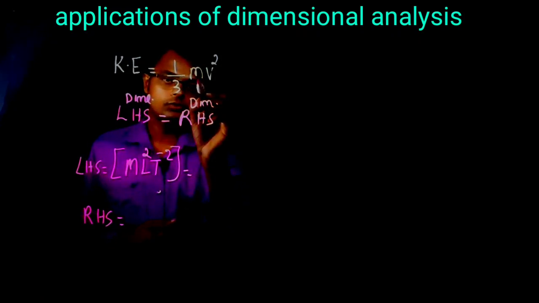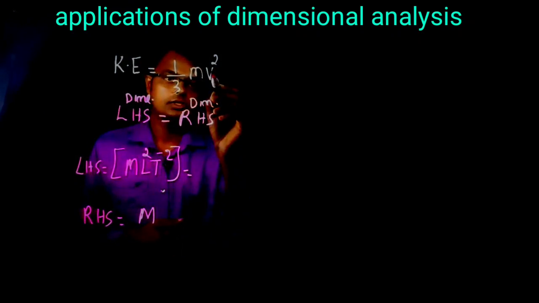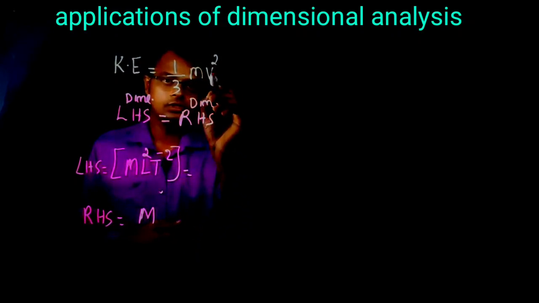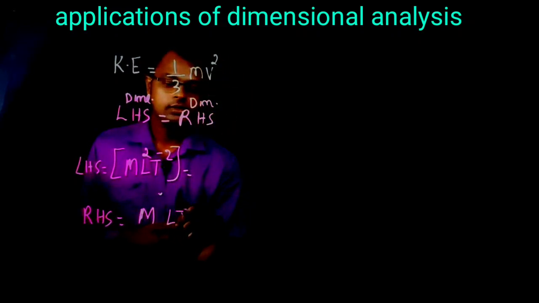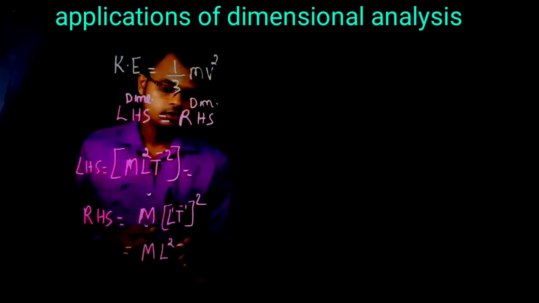The next physical quantity is mass, and we use capital letter M to represent its dimensions. Then velocity: m into velocity square. Velocity is L t to the power minus 1, whole square. This equals M into L to the power 1 into 2, L square, into t to the power minus 1 into 2, minus 2.